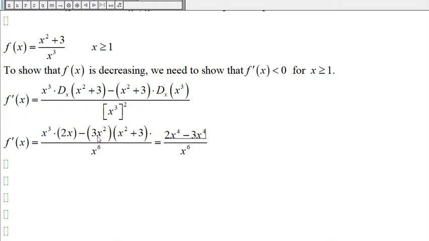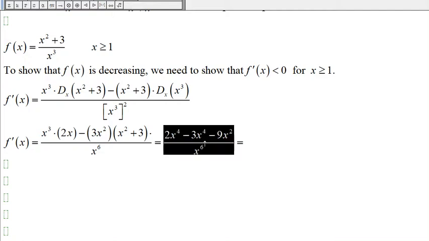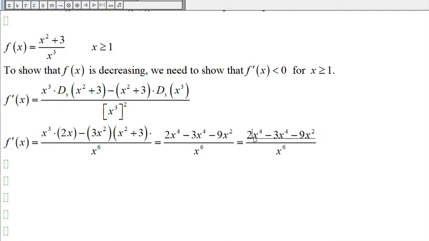And then negative 3x squared times 3 is negative 9x squared. And then 2x to the fourth minus 3x to the fourth is minus 1x to the fourth.